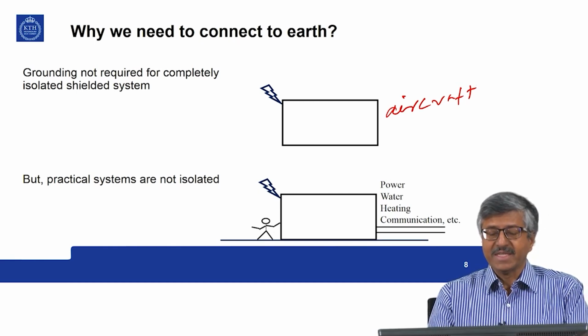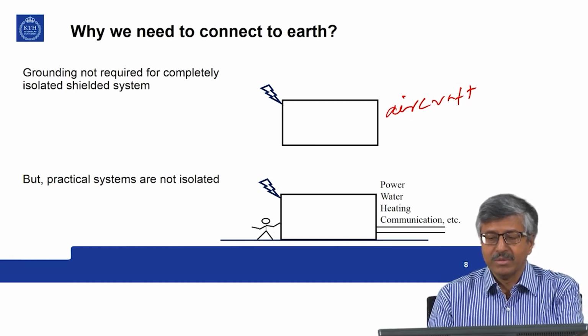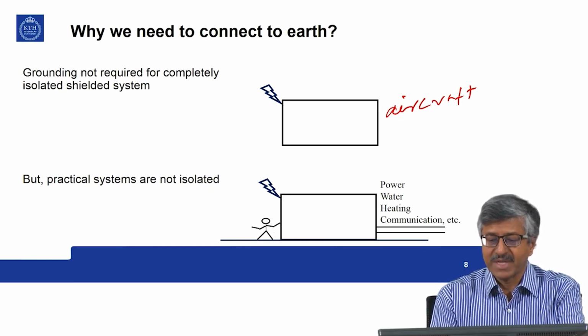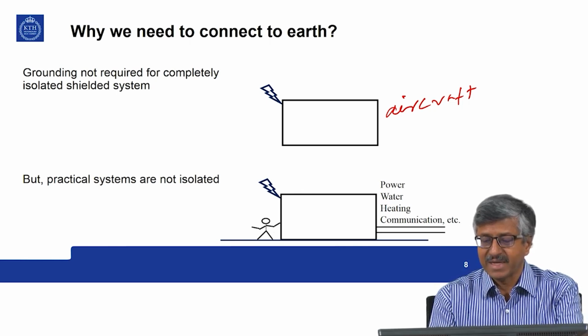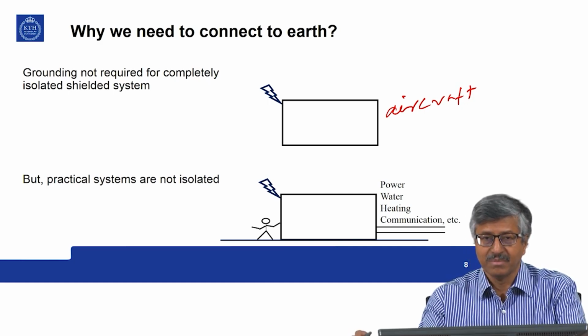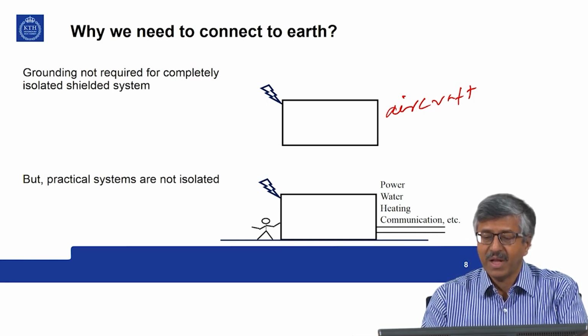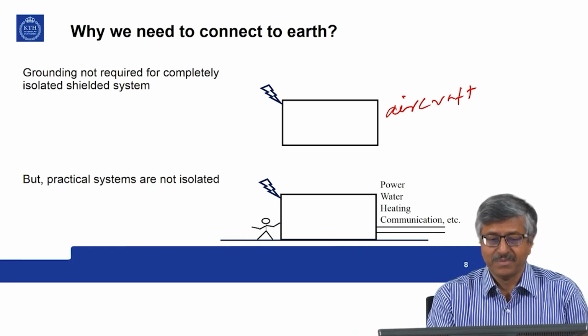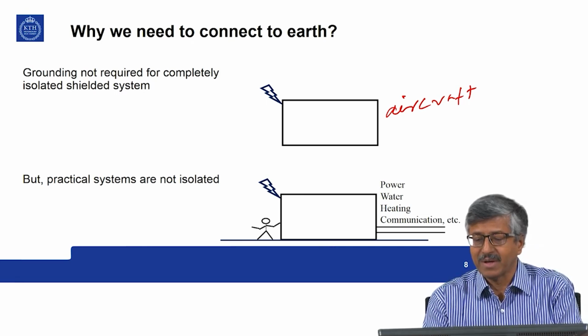So, due to this reason, there will always be some lightning currents or lightning surges going through this power, water and heating to the other systems, and this is totally unwanted, and you want to minimize this current flow.